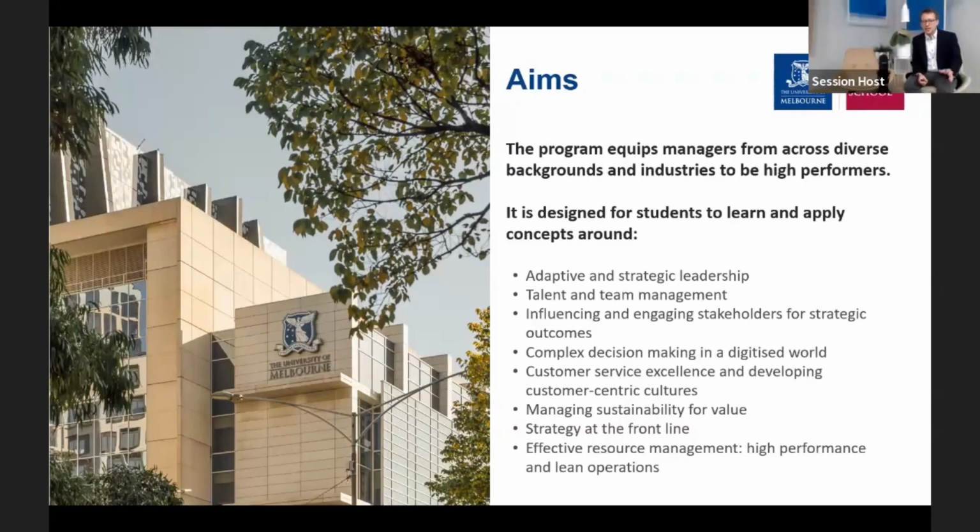So a variety of concepts and topics around business, including very foundational topics as well as very contemporary and more complex topics.